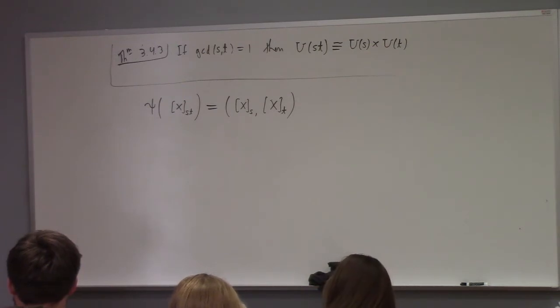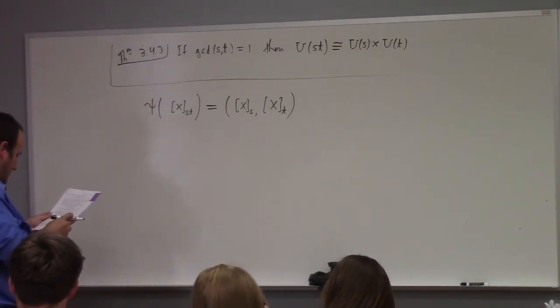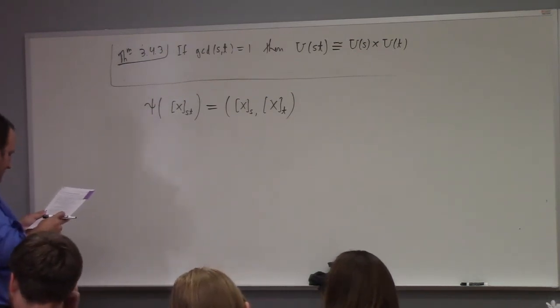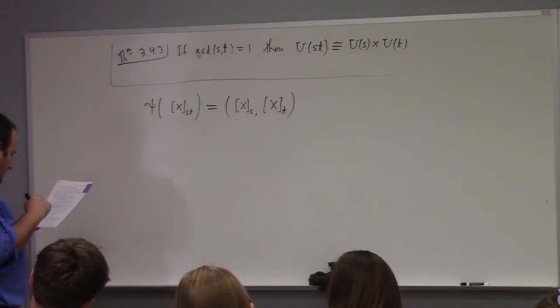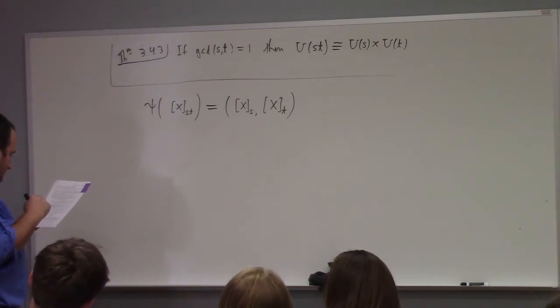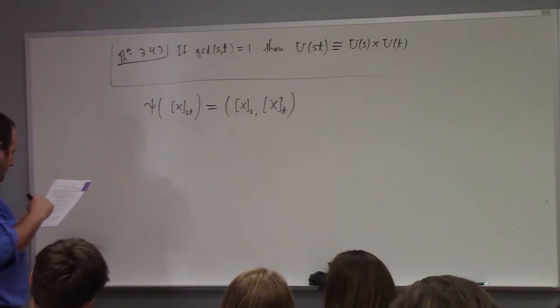I think I also need to know that they're the same size, don't I? To do that? Well, anyway, it's interesting, though, to show that it is injective. There may be a gap in my proof.